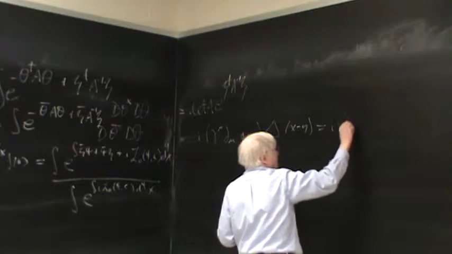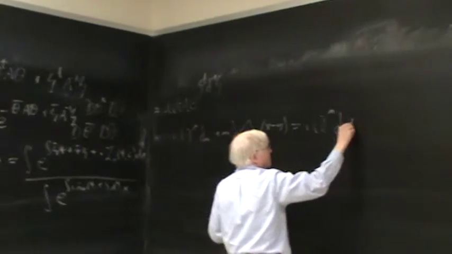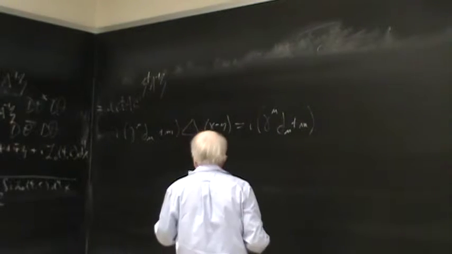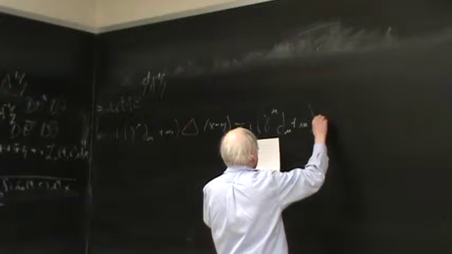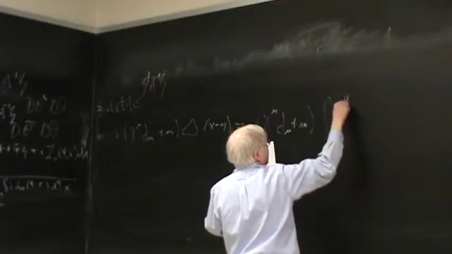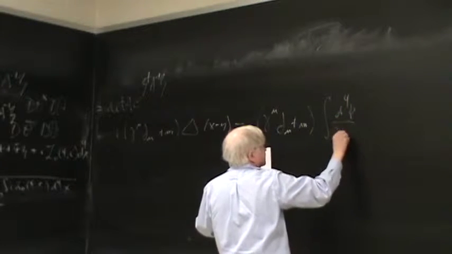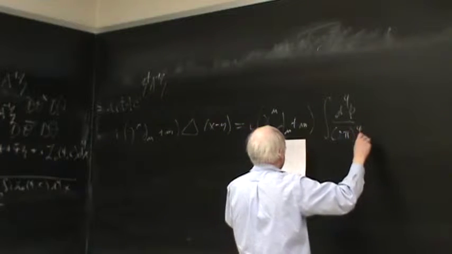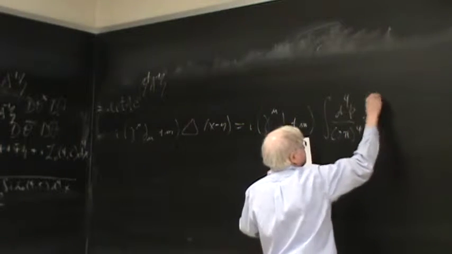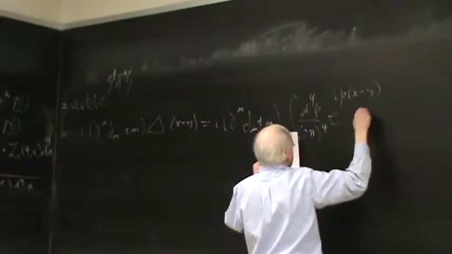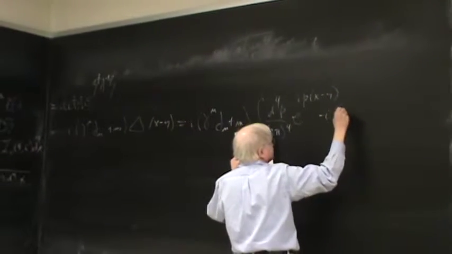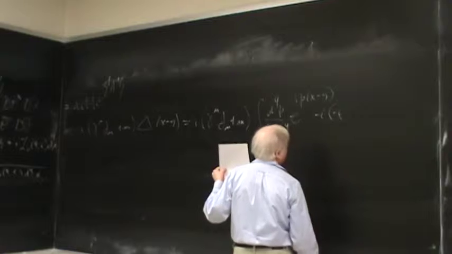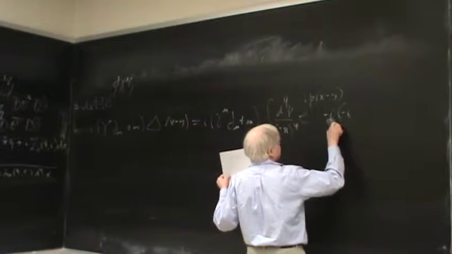This will be i gamma mu d mu plus m, and this delta is going to be an integral d4p over 2 pi to the fourth, e to the i p times x minus y, and then minus i, actually, let me put the minus i out in front.